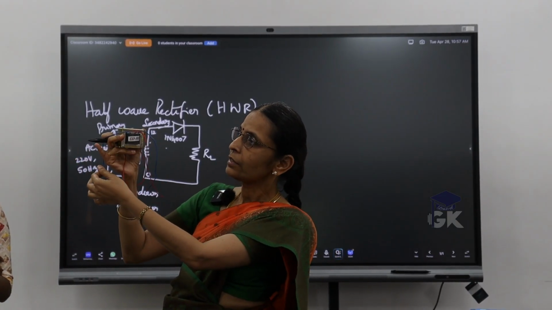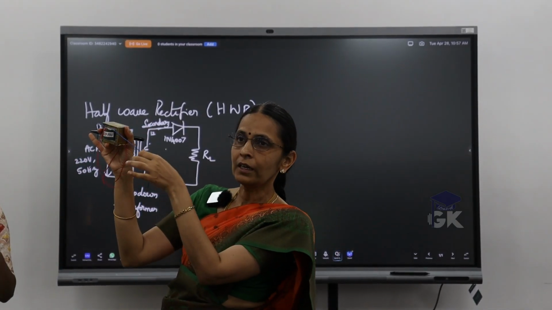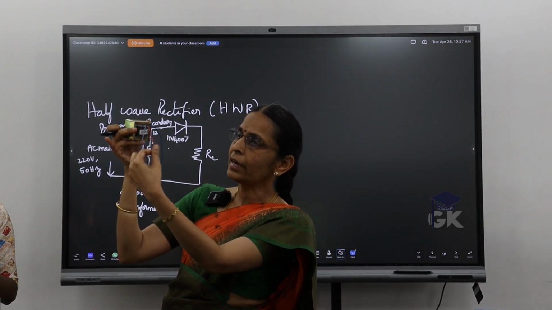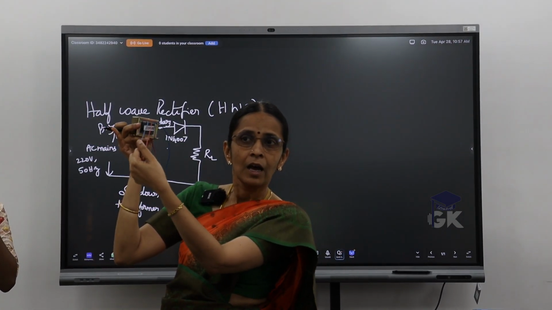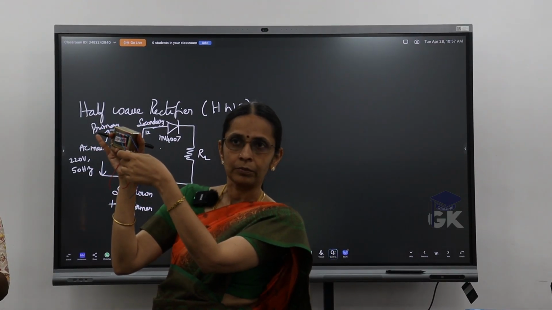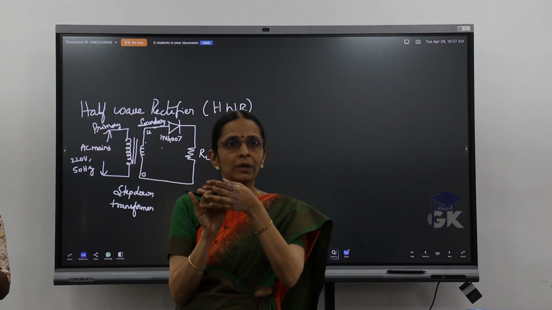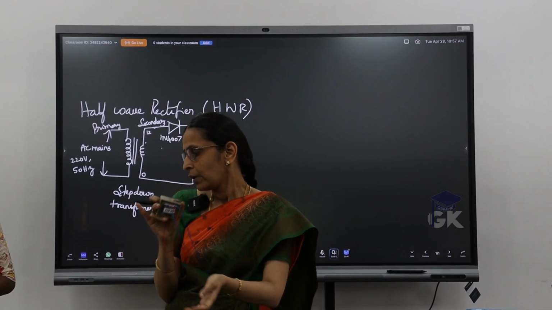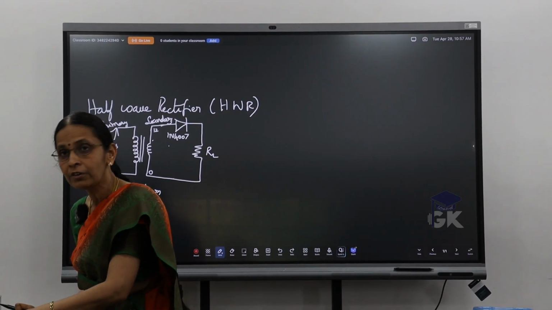The center is 0 and the other extreme is 12. So if I connect the extreme wire and the center wire, I'll be able to get 12 volt. Same way, this side also. So what is given to you is basically a 12 volt center tap transformer. In that, only one half we are using.